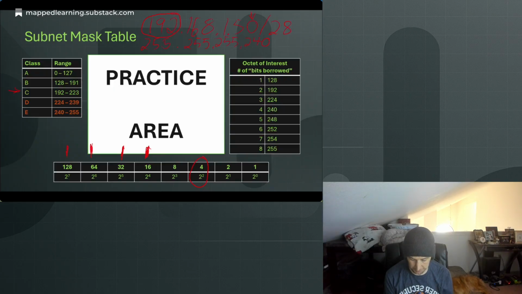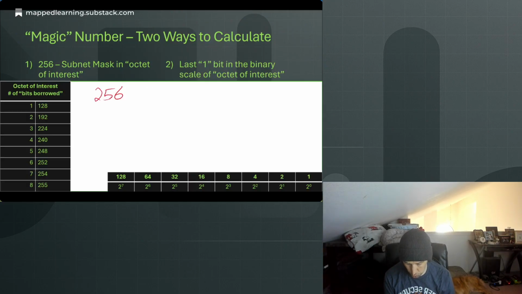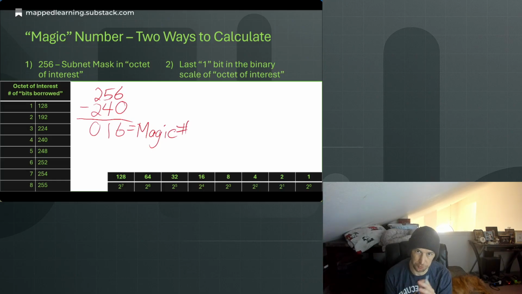Okay, let's go to the previous slide and look at that. 240. So the new subnet mask is 240, and we're going to subtract that. 256 minus 240 is 16. That is our magic number, so just keep that in mind.